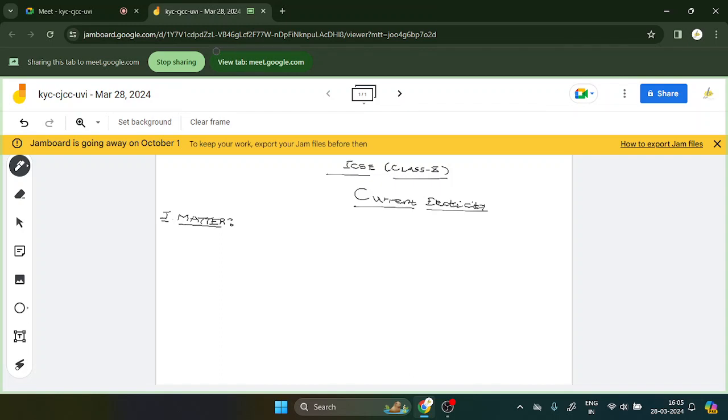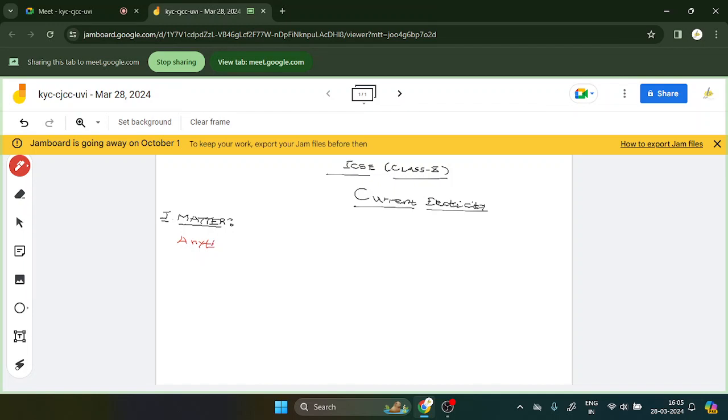Now can you tell me what matter actually is? It is what everything is made up of. You can define it as anything which has some mass and occupies some space, and can be felt by any of our five senses, that is called matter. Very important.